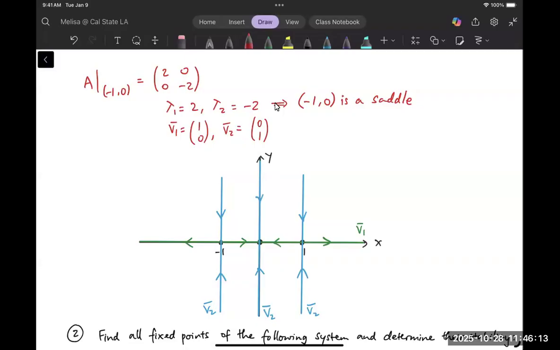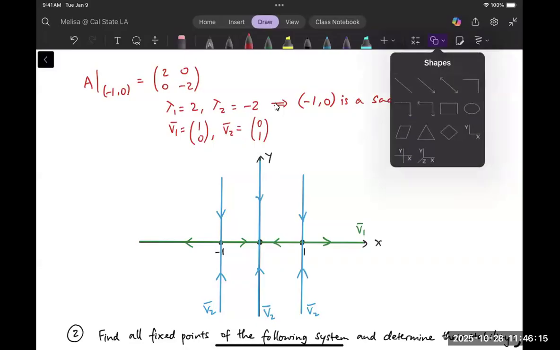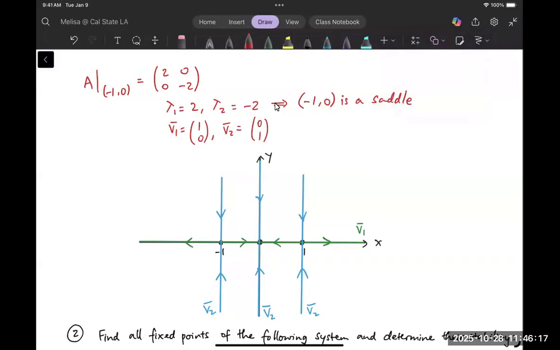Well, here I'm gonna sketch a few of them. So here, say if I start from the point over here, then we're going to follow phi2, parallel to phi2, and then going towards the origin.